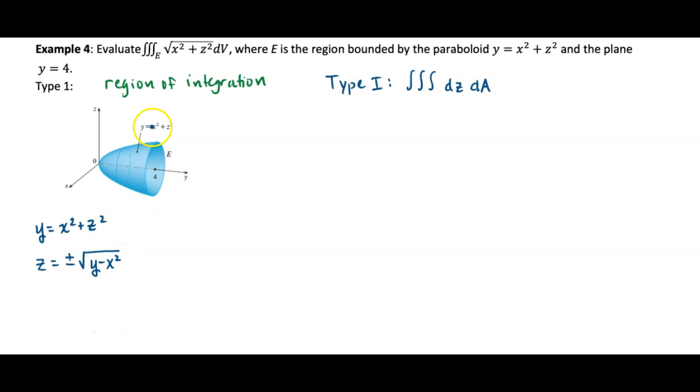So when I'm looking at this, as far as my z values go, I know my z is going to start down here and go up to the top. Because I have this plus or minus, I know that this is going to be minus root y minus x squared, and this is going to be positive square root of y minus x squared.